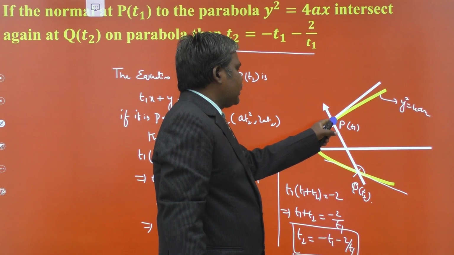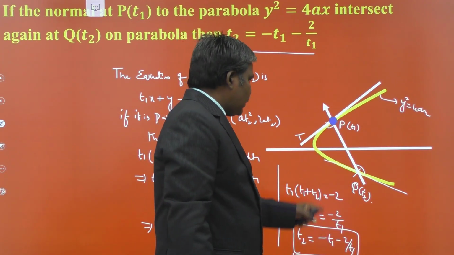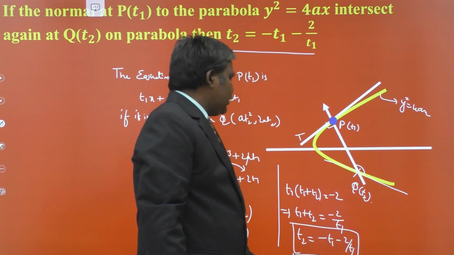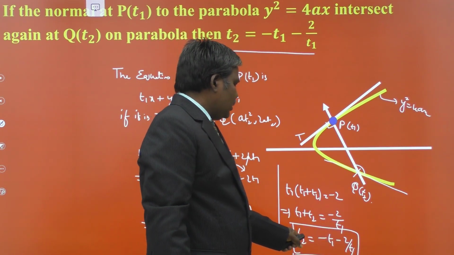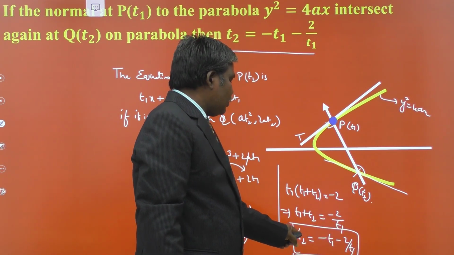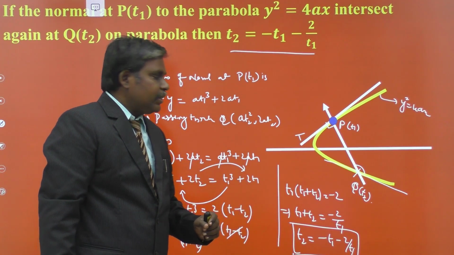Once you have the coordinates, from these coordinates itself you can calculate the value of t1, and with the help of that t1 you can find the value of t2 by using this formula. After getting the value of t2, you can write the coordinates (at2^2, 2at2).